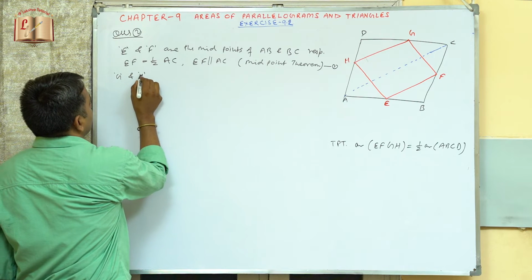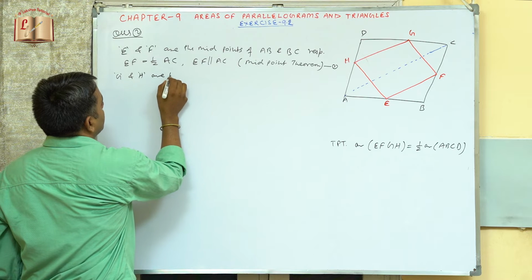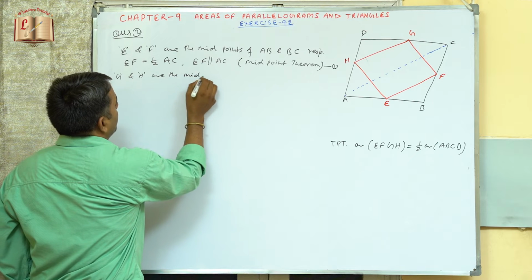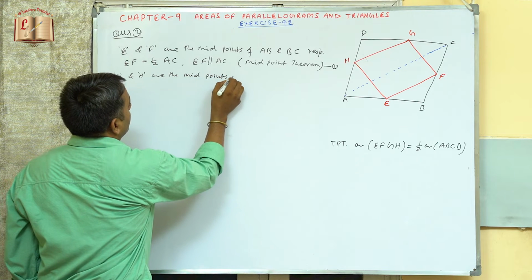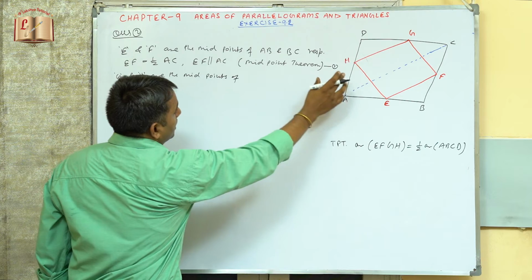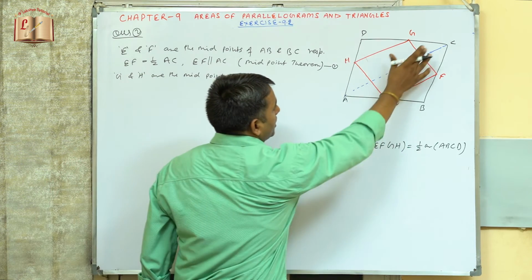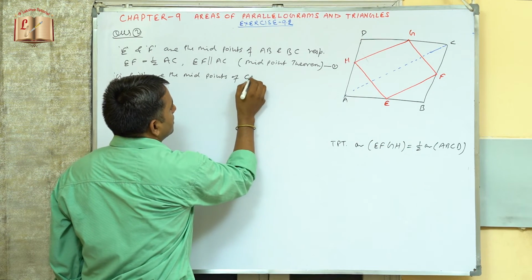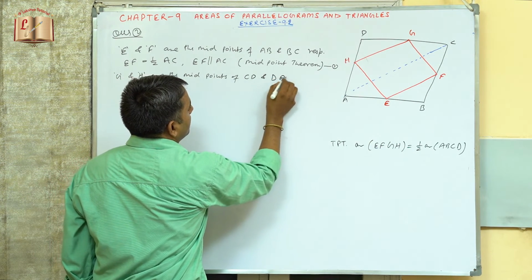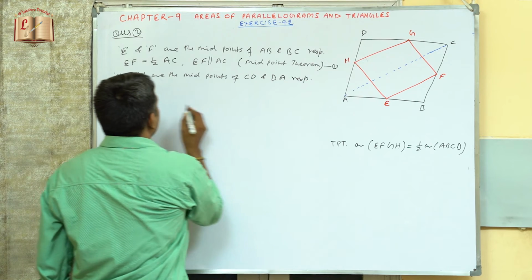G and H are the midpoints of CD and DA respectively.